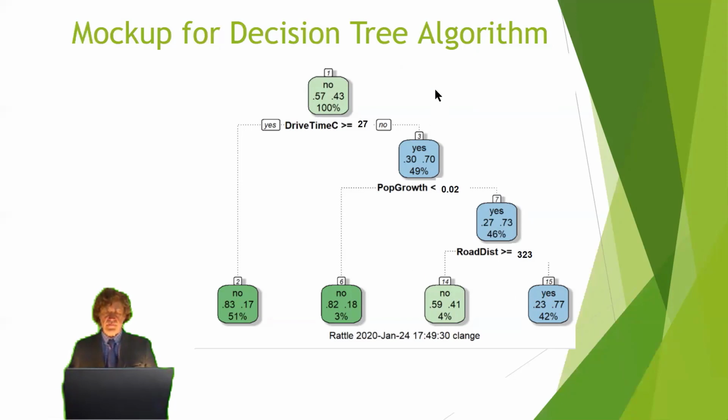How does it work? Let's say we have a data record, and at the first decision node, the variable drive time is used with the splitting value of 27 minutes. If the drive time is greater than 27 minutes, then our record ends up down here in this bin.